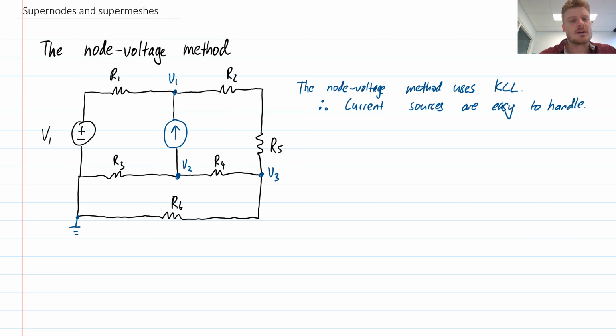Because if I know the current that's flowing into a node, then I can draw all of my currents, and I can easily do KCL at this node V1 based upon the value of this current source. So there's some current, let's call it I1, that's generated by the source, and KCL is easy in this scenario. So we would just use a normal standard node voltage method that you've practiced many times.